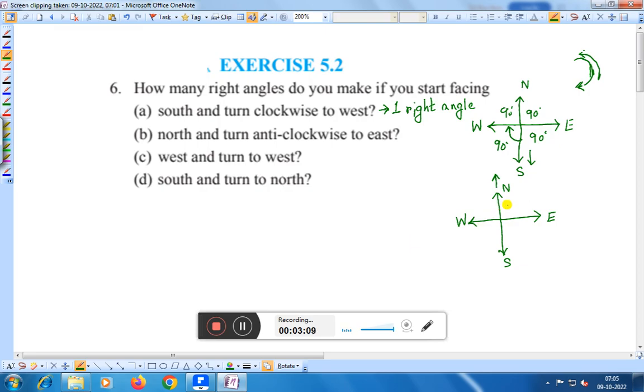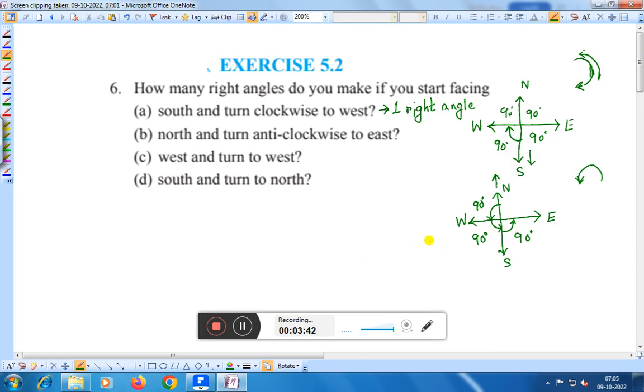Anti-clockwise means in this direction, like this. This is the anti-clockwise direction. Now, north, you turn anti-clockwise to east. That means you are going from here to here, then here to here, then here to here. Here you see, north to west is 90 degrees, west to south is also 90 degrees, and south to east is also 90 degrees.